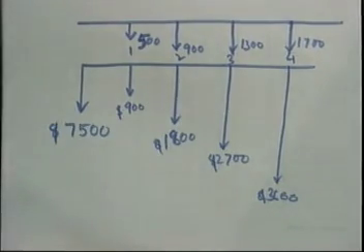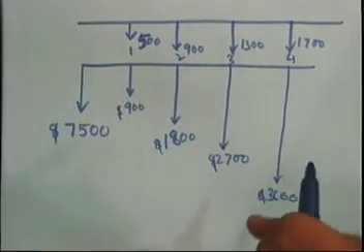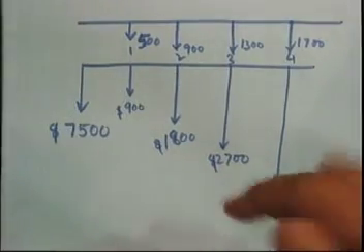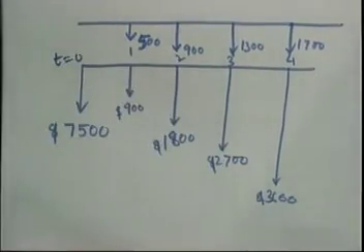Is the problem clear to you, technology class? You have purchased the equipment for $7,500. Please note down this slide. You have purchased the equipment for $7,500, that means at time t is equal to 0.